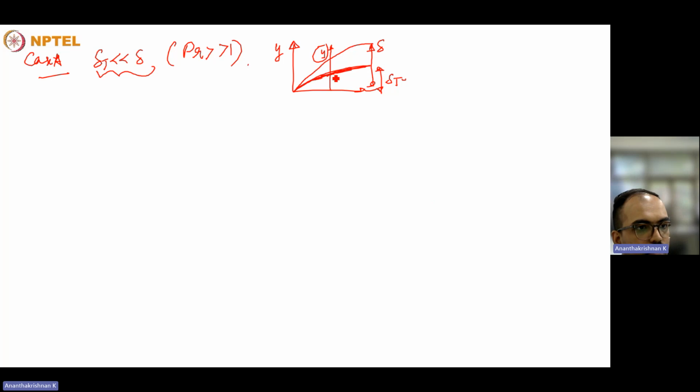In that case, this will reduce into integration from 0 to delta T, and from delta T to delta, and then delta to y.